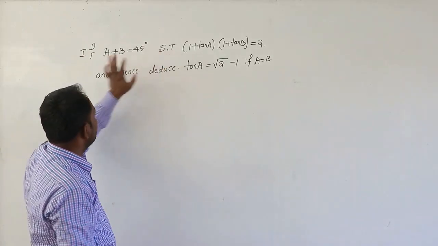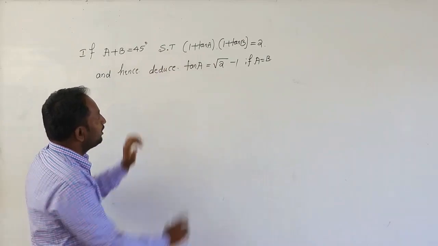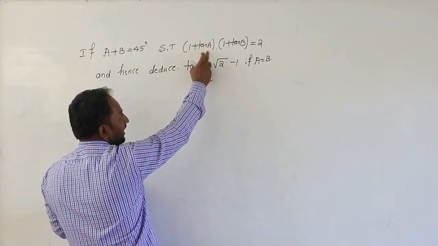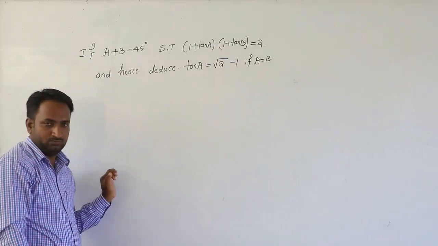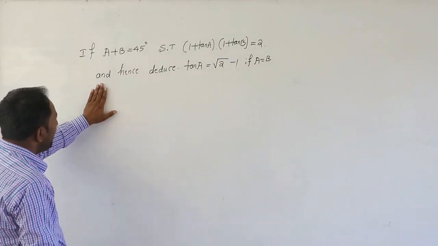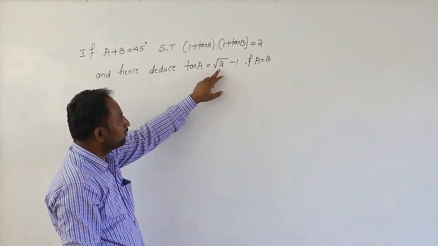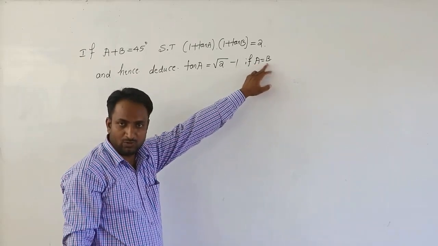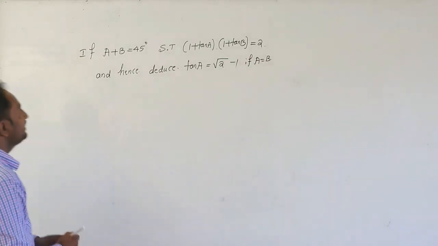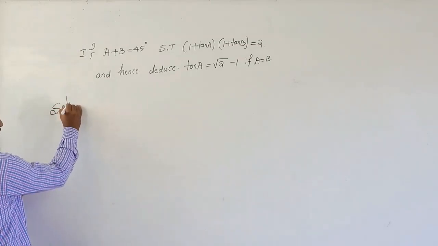Show that (1 plus tan A) into (1 plus tan B) is equal to 2, and hence deduce that tan A is equal to root 2 minus 1 if the value of A is equal to the value of B.